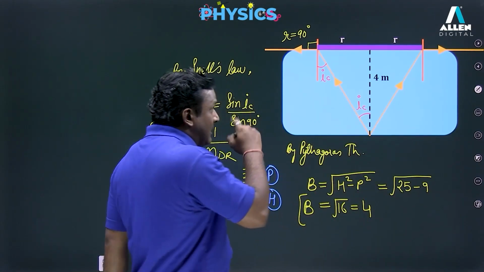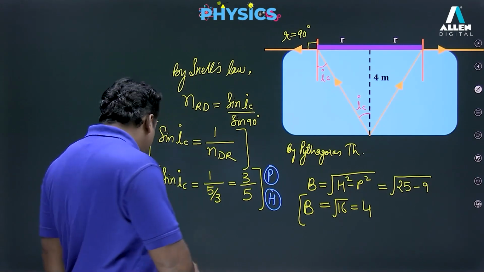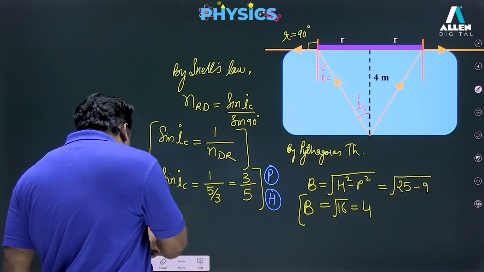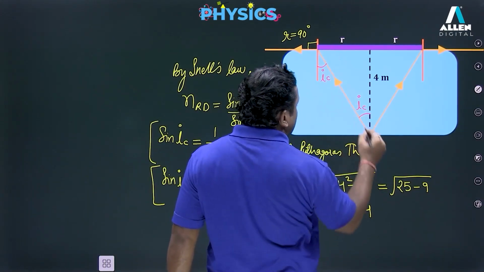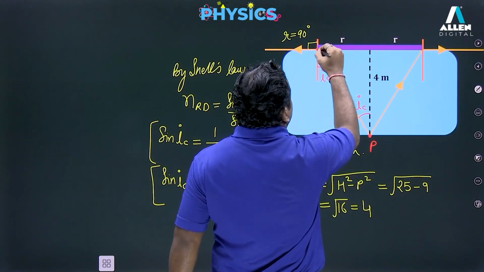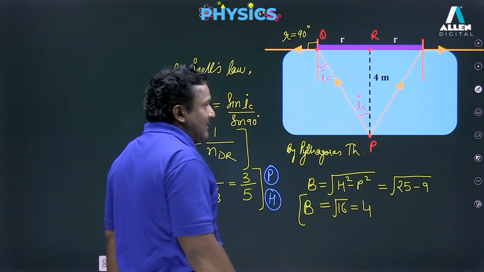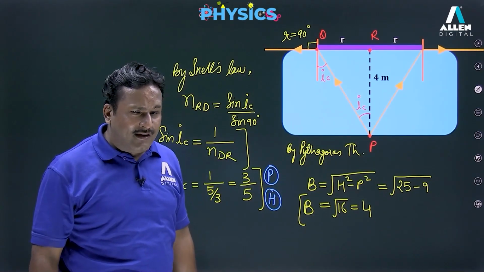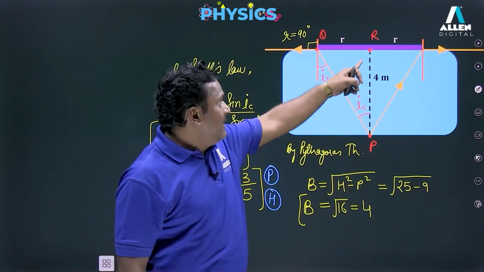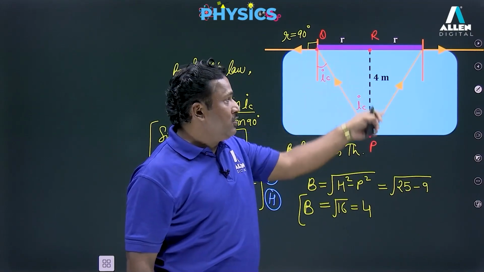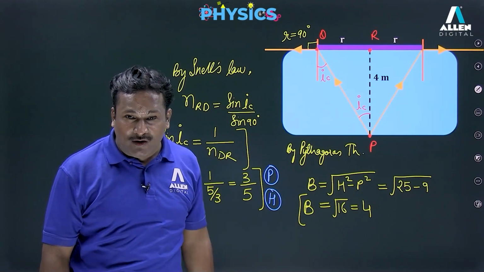And then carefully examining this diagram, what we are seeing is that, if I am marking this triangle as P, Q and R, what is the base angle? The base angle is IC. The value of the base is 4 meter, and this is the perpendicular, for which we were getting the value 3.